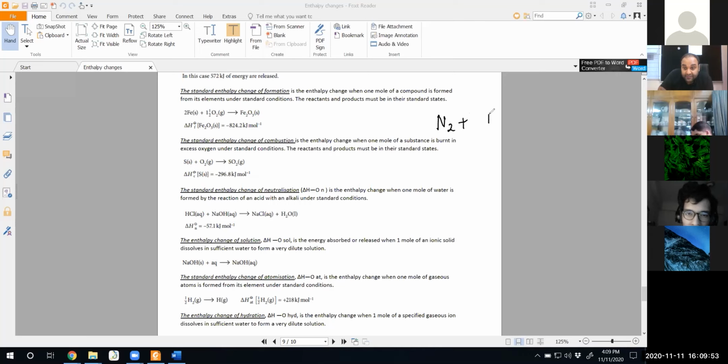Nitrogen plus hydrogen gives us N2H4. What type of reaction is this? Enthalpy change of formation of N2H4, hydrazine. So we're concerned with this.